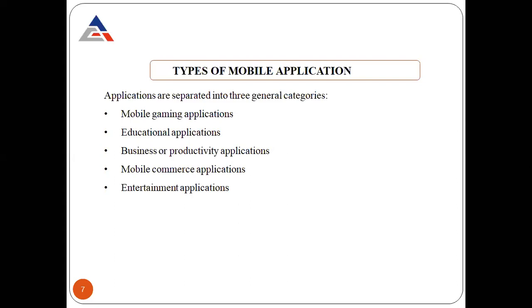Mostly people are using Netflix to view web series. In fact, this is a very good source. All the profit that the cinema halls were gaining a few years back is now being gained by the entertainment sources of the web application. So these are the types of mobile applications.